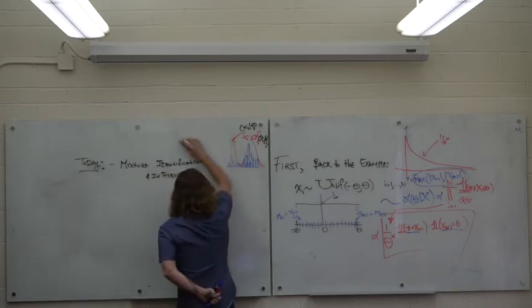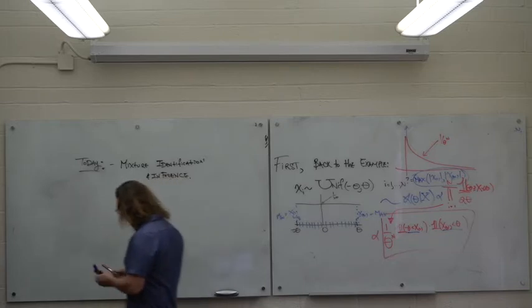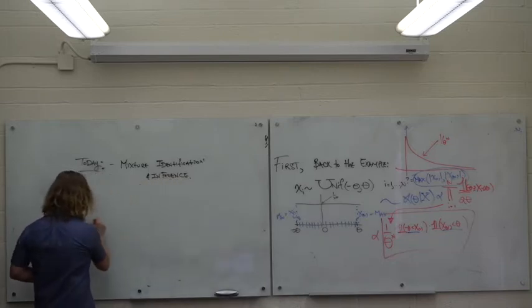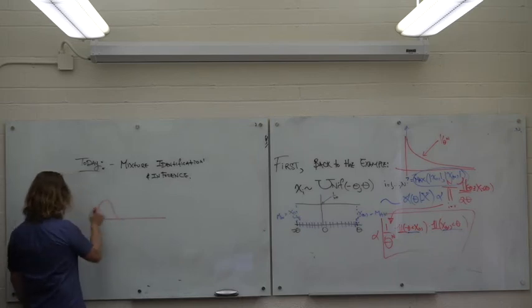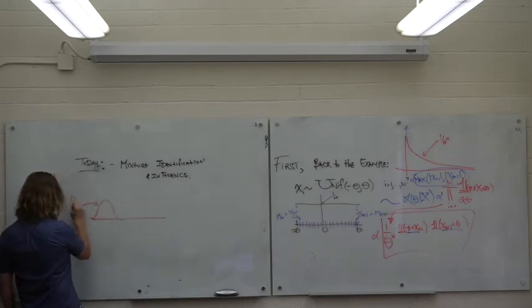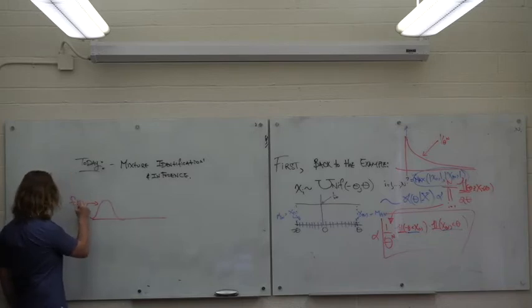Okay, let me redraw this picture. So I'm drawing a 3-component mixture model. Might have one distribution, I'll call this F1, and it's got some parameters in there. I'll just denote all this as X given theta 1.